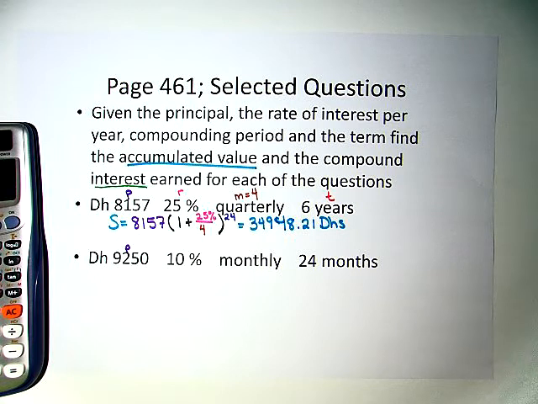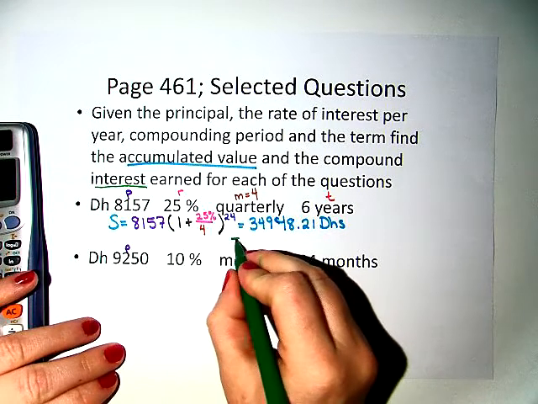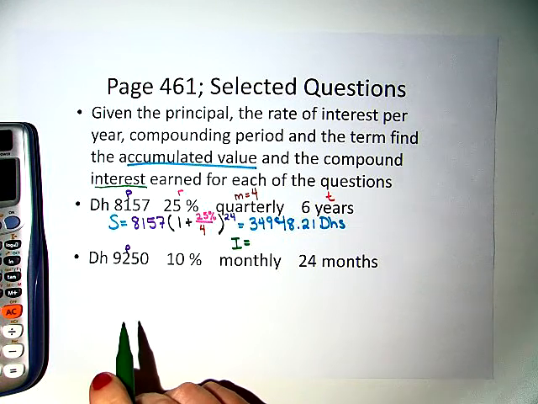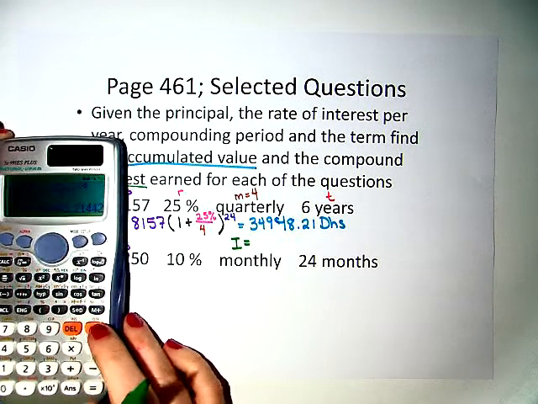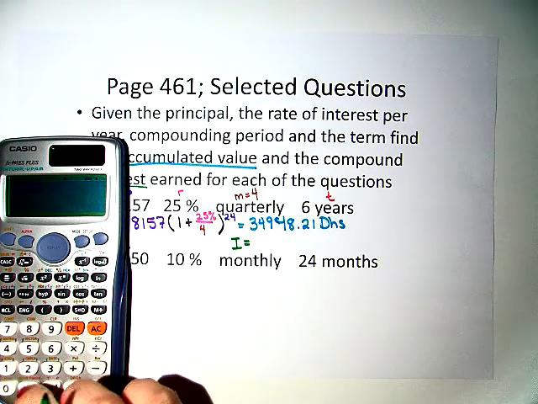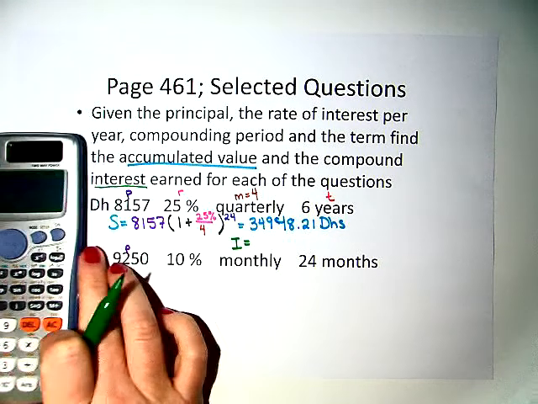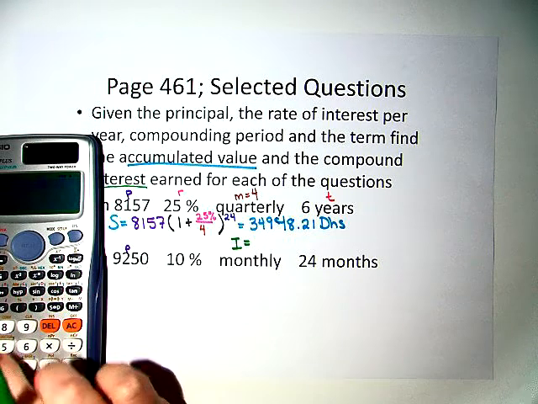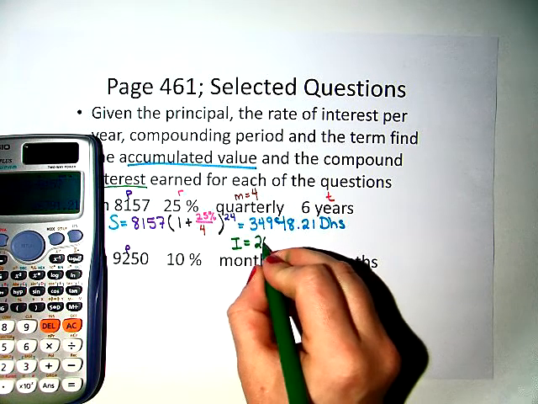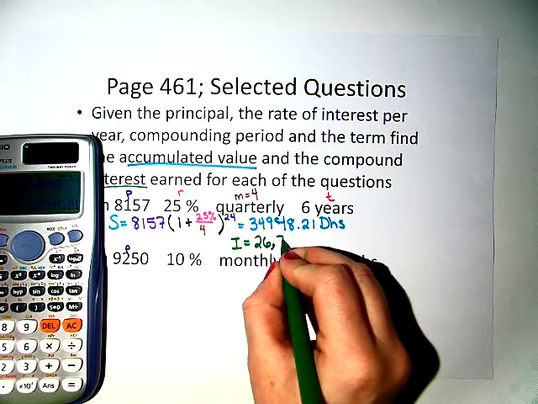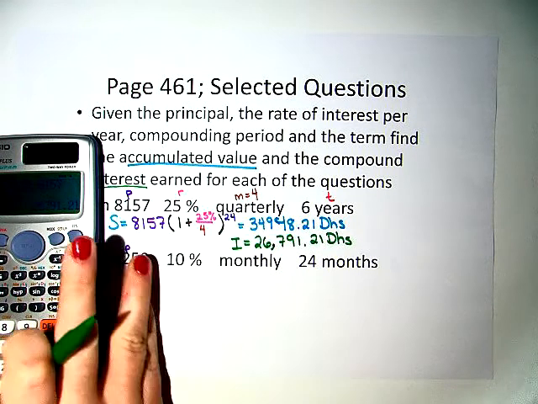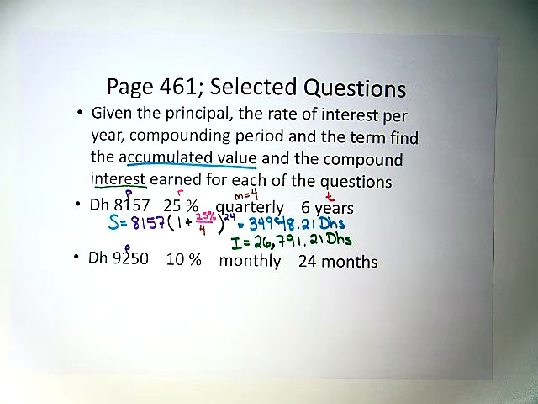Now, in order to find the I, we need to take the S and subtract the P. So let's go ahead and do that. Our S, 34948.21, minus our P, which is 8157. And we get that our interest is 26,791.21 dirhams.